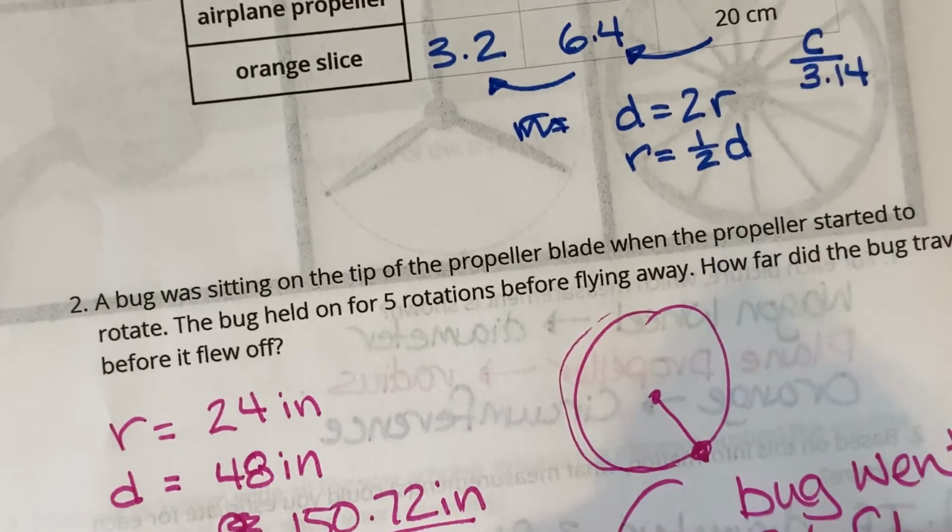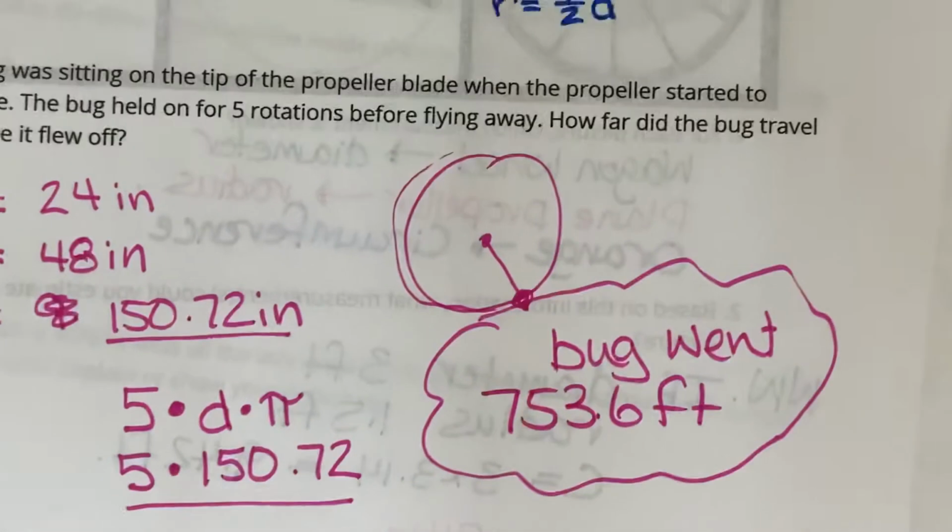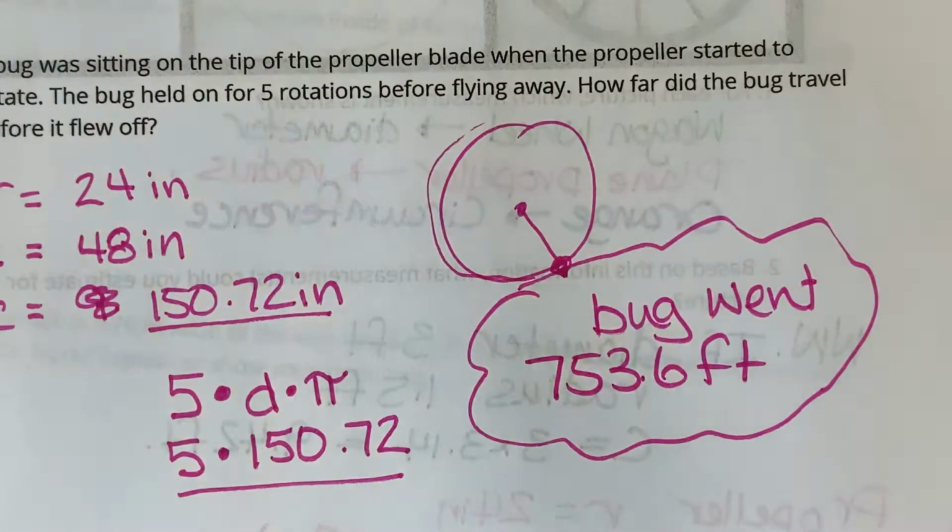So that poor little guy held on for a while. So that's just using your information: when they talk about how many rotations something is, that's what it's asking you. If I had 5 rotations, I'm going to take 5 times the circumference.